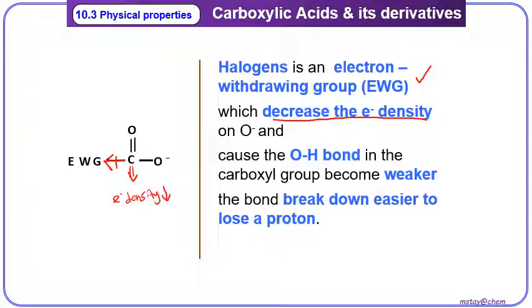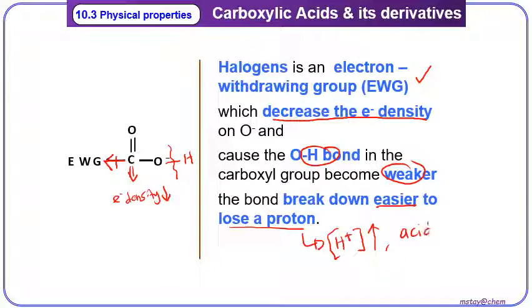When the electron density decreases, the OH bond here becomes weaker. Once the OH bond is weaker, it is easy to break. Once the bond breaks, it loses a proton, which means it produces H plus. This causes the concentration of H plus to increase, and we understand that if the concentration of H plus increases, the acidity will increase as well.